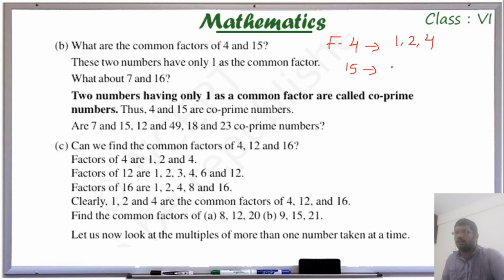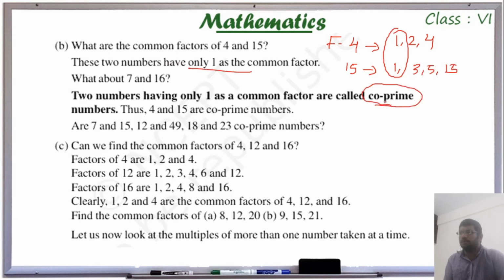If 1 is the only common factor for two numbers, then we call the two numbers coprime. So 4 and 15 are coprime because 1 is the only common factor, no other common factor.